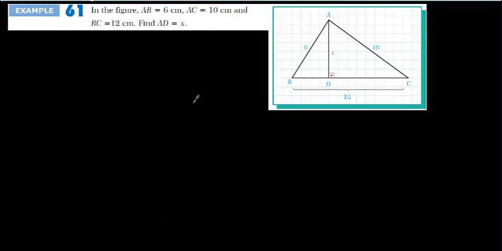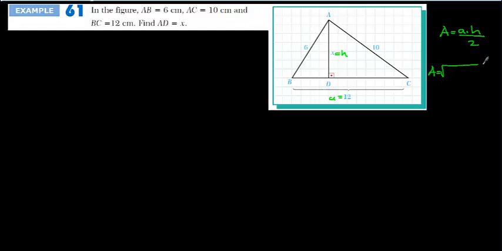Okay. In this question, we are going to find the value of x. X is at the same time h here, the altitude, and we need to remember about the area of the triangle. If you remember, area of the triangle is a times h over 2, a is equal to 12 here, and at the same time we have Heron's formula.